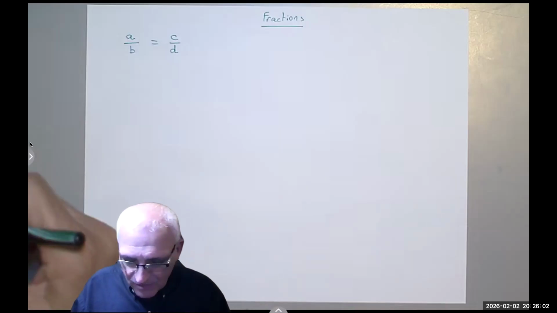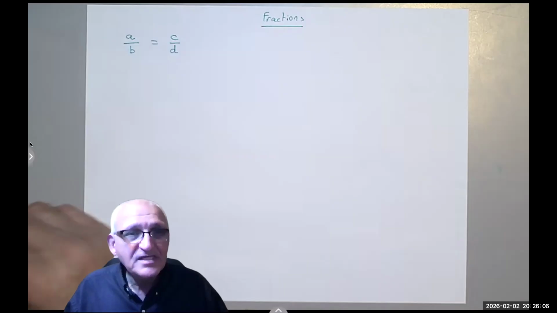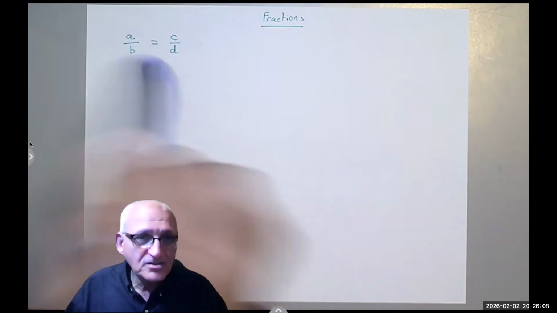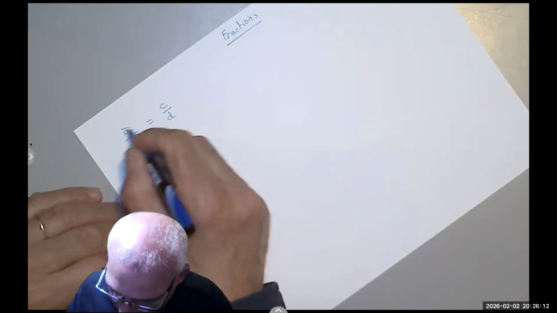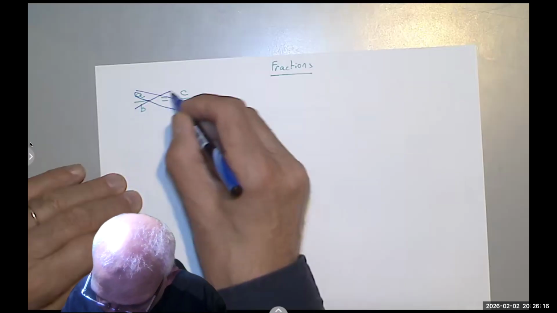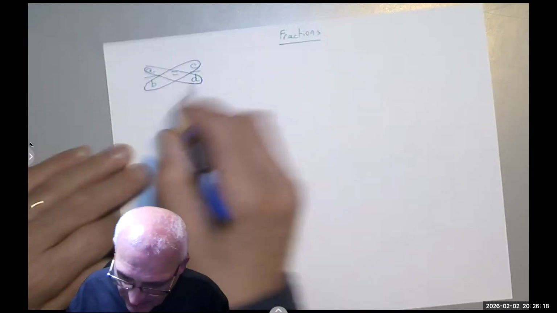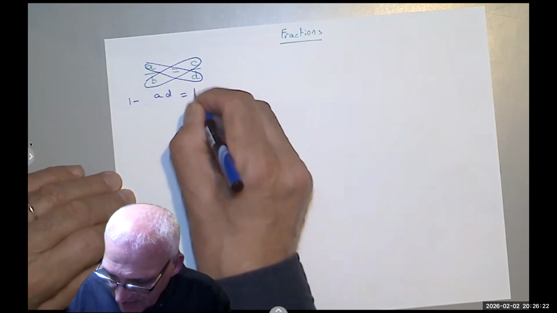I'm not talking about simplifying or using what some people call the cross or the butterfly, where the product of these two numbers equals the product of those two numbers. So maybe that's the first property, that AD equals BC.